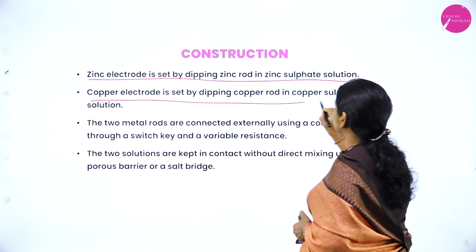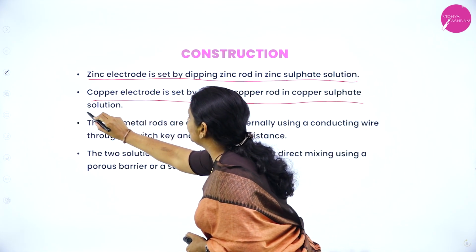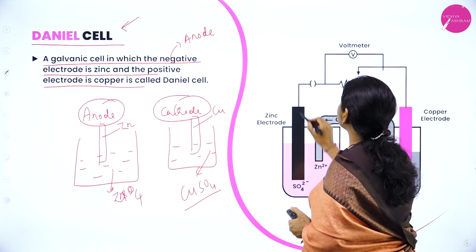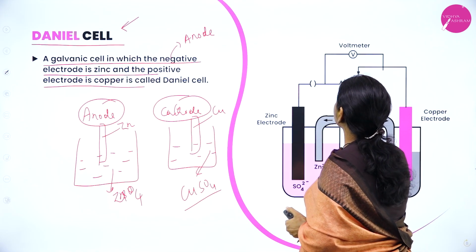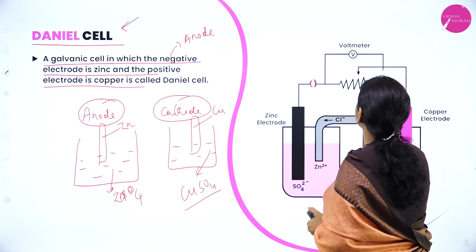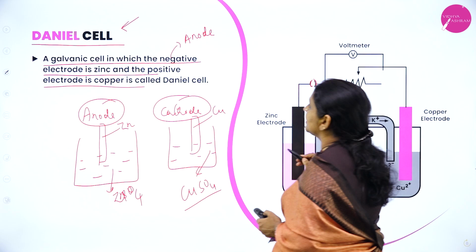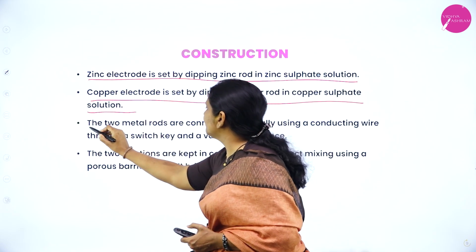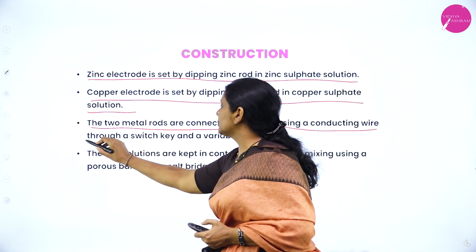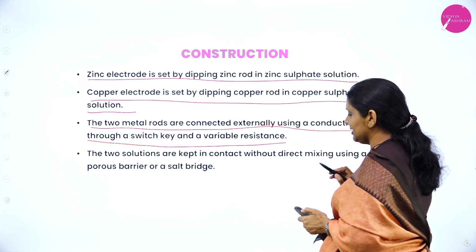Copper electrode is set by dipping copper in copper sulfate solution, and they are externally connected by copper wire through switch key as well as variable resistance.